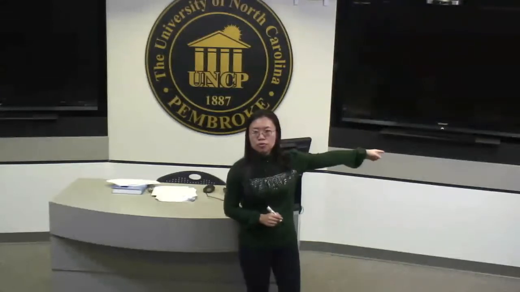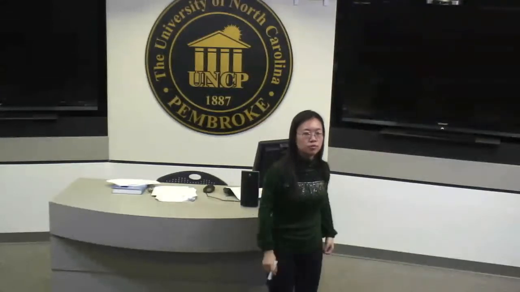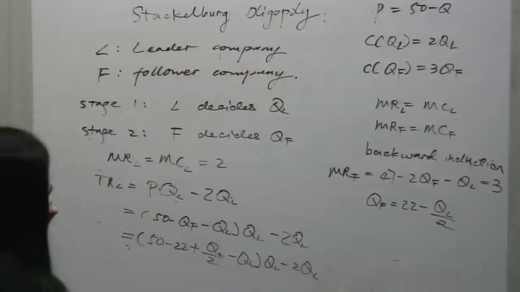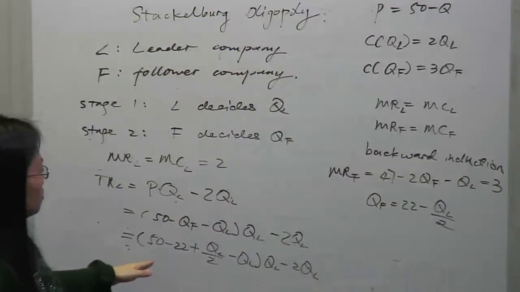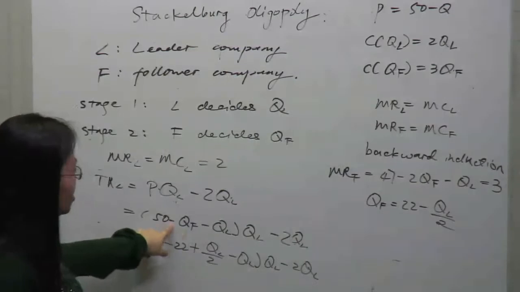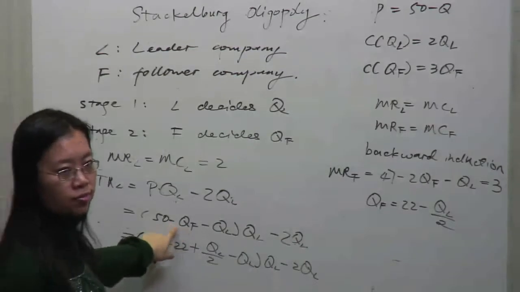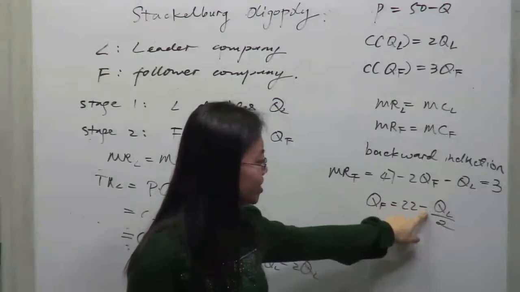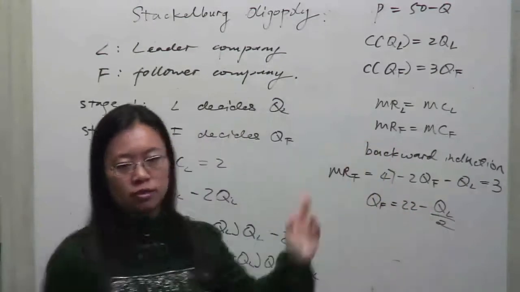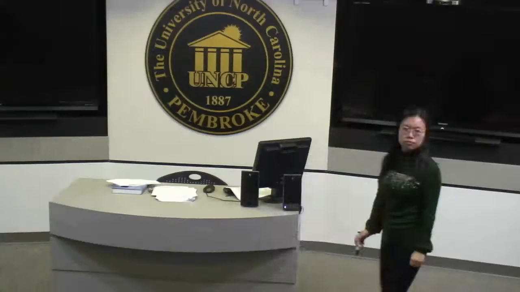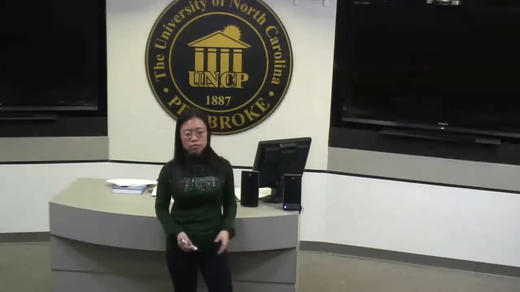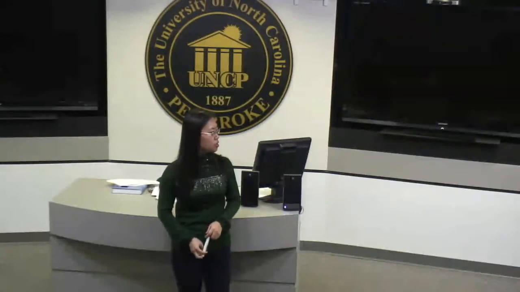Why is it 22 plus QL instead of minus? There's a minus sign in front of QF, right? So when you put the minus sign here, you put it in front of the minus sign, which becomes plus. Okay, so go ahead, simplify this, and tell me what you get.